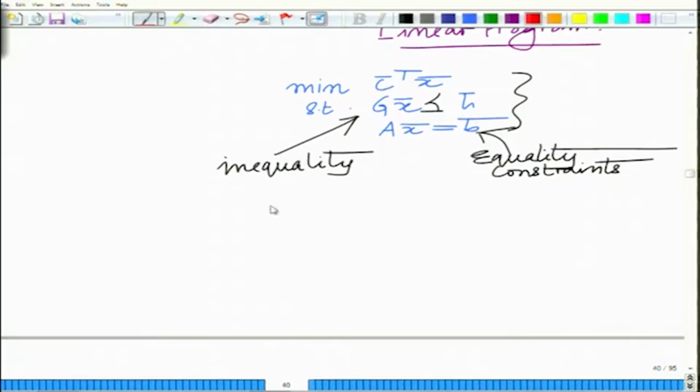Therefore, if you look at this Lagrangian, you can formulate, remember, to find the dual problem. So, we want to find the dual problem for this.